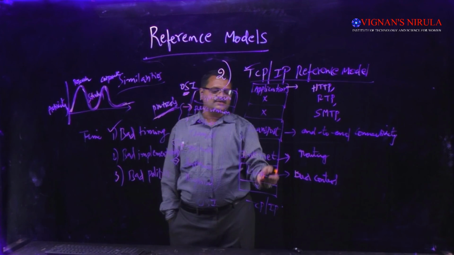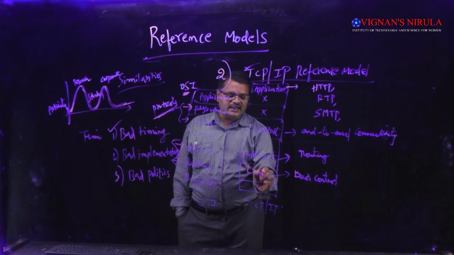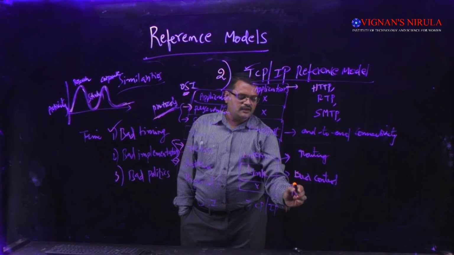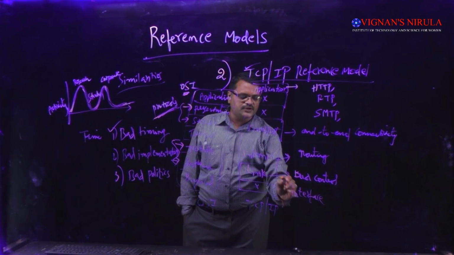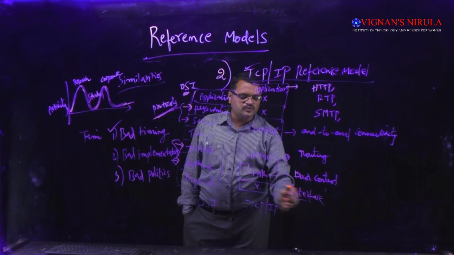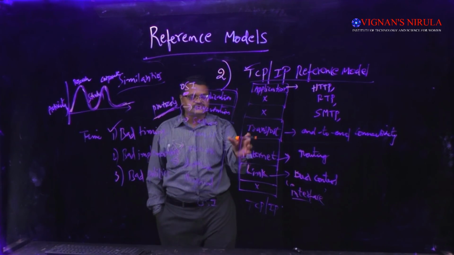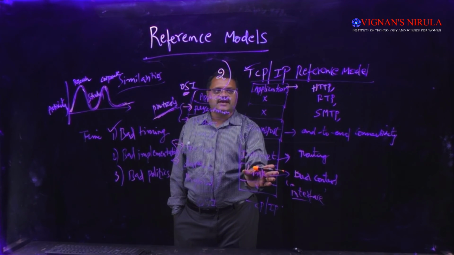In case of TCP/IP, link is not a layer, but it is an interface. It is sloppy to call it a layer. It is just an interface, not a full-fledged layer. That is one disadvantage in TCP/IP.